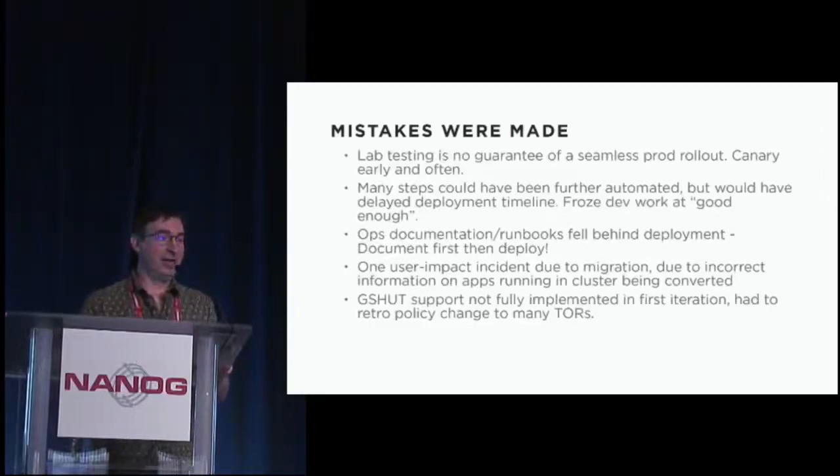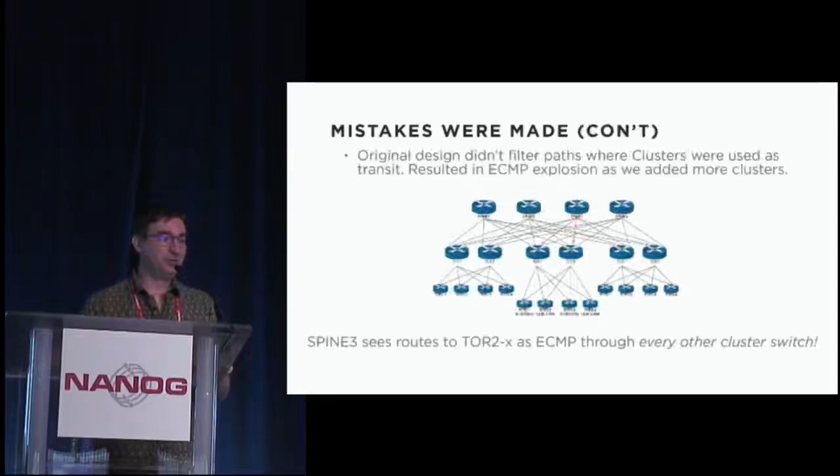Later on down the line, and by that I mean 2 months after we completed the project, we ran into this problem: in a Clos model, you're going to have routes coming up from your racks that have shorter paths, but you're also going to be bouncing prefixes through other spines if you don't filter them.